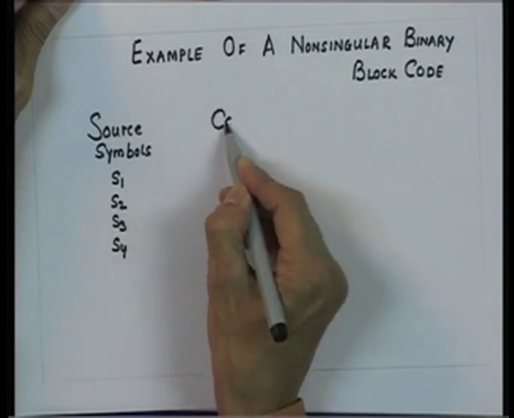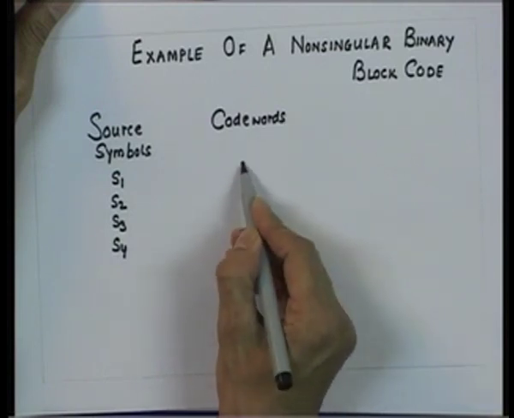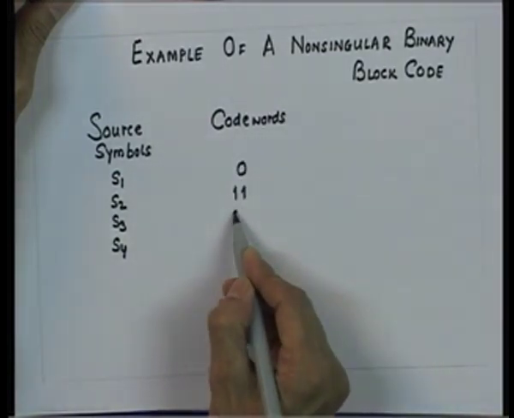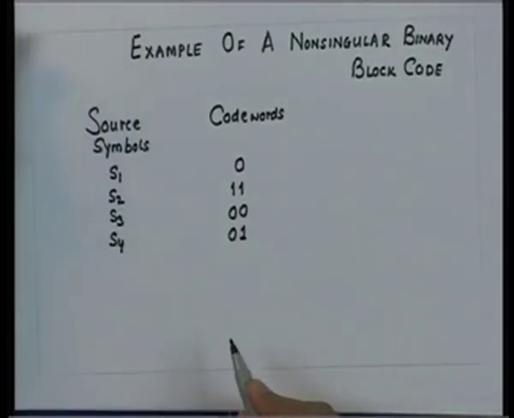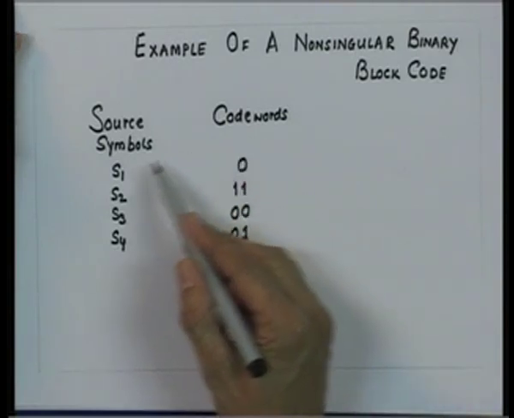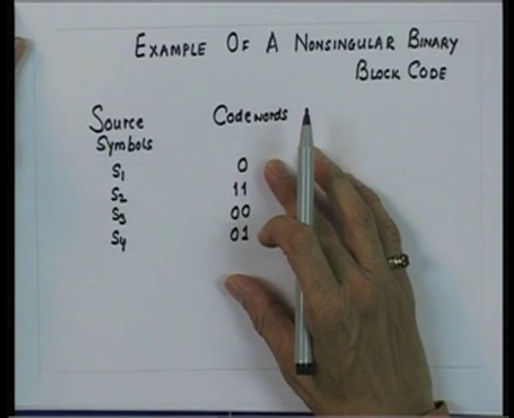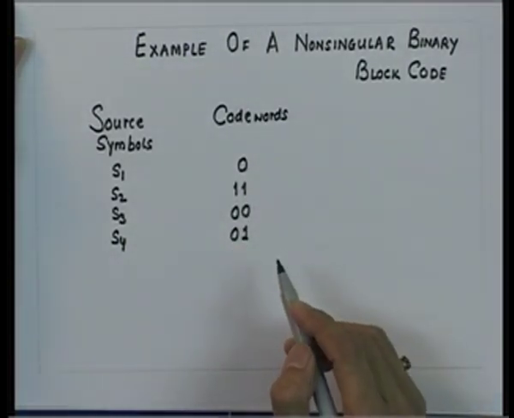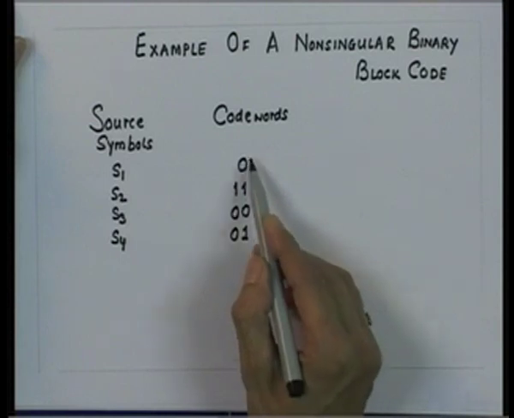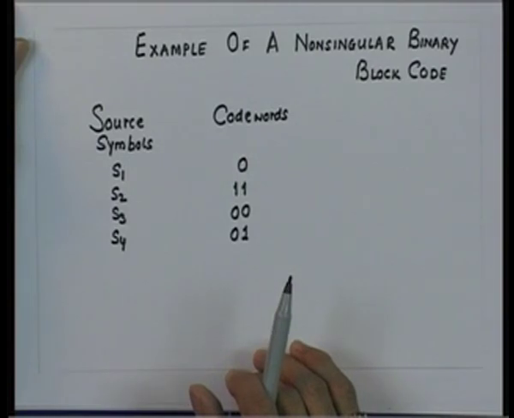Corresponding to the source symbols, let us assume that the code words are 0, 1 1, 0 0, 0 1. Now this code satisfies the definition for non-singularity of a code, because all the code words out here are distinct. But again there is some problem with the design of this code.